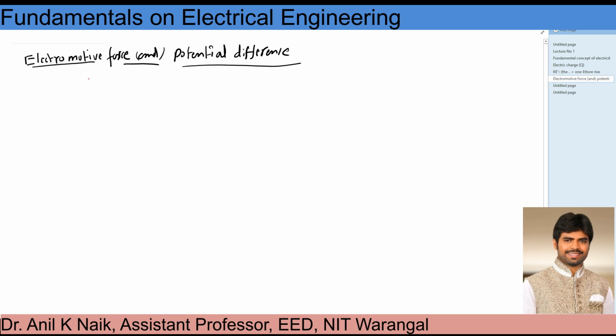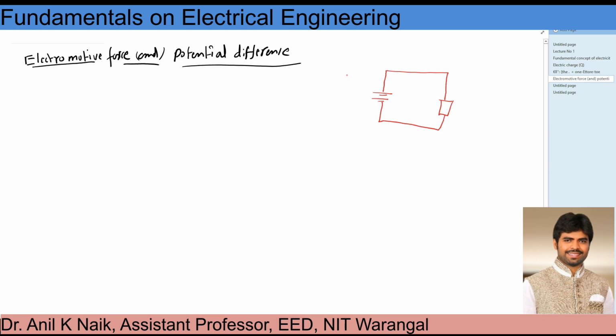The next terms we need to understand are electromotive force and potential difference. To understand this, let us consider a very basic network which has been connected with some load.